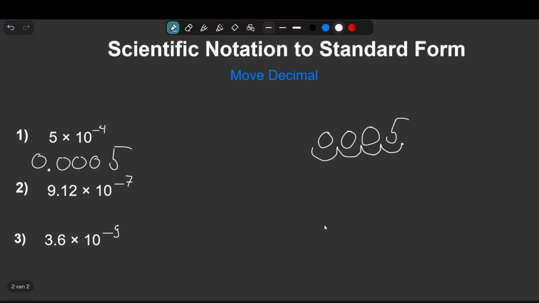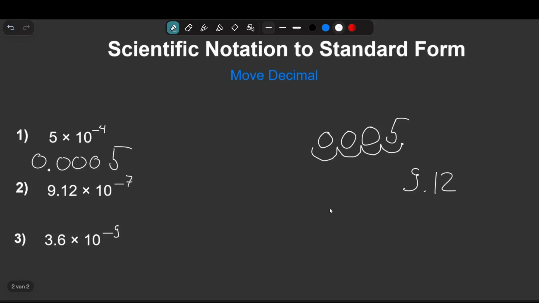So now for example 2, we have 9.12 times 10 to the power of -7. So we're going to do the exact same thing, but in this case we already have a decimal. So we're going to work off of this decimal. So again, let's just write our 9.12 down right here.